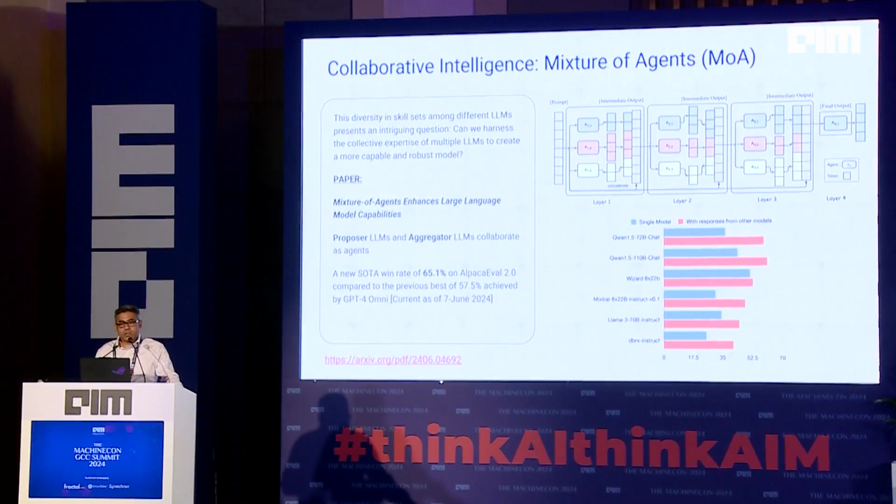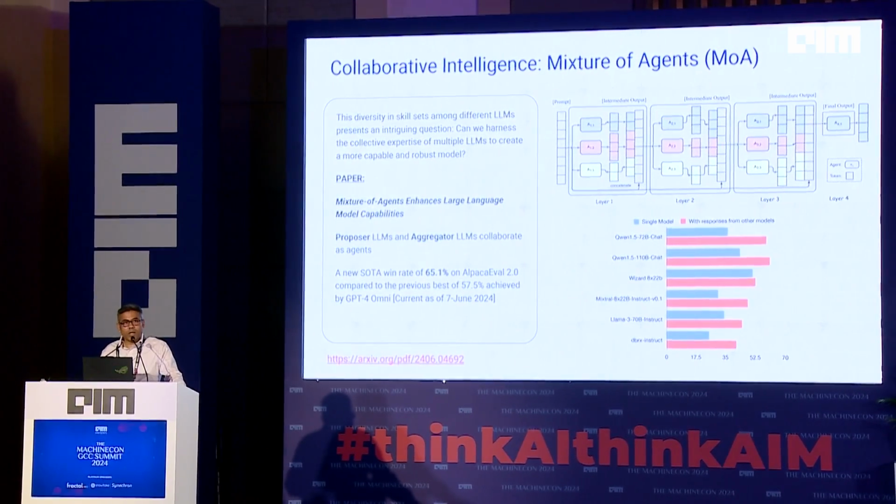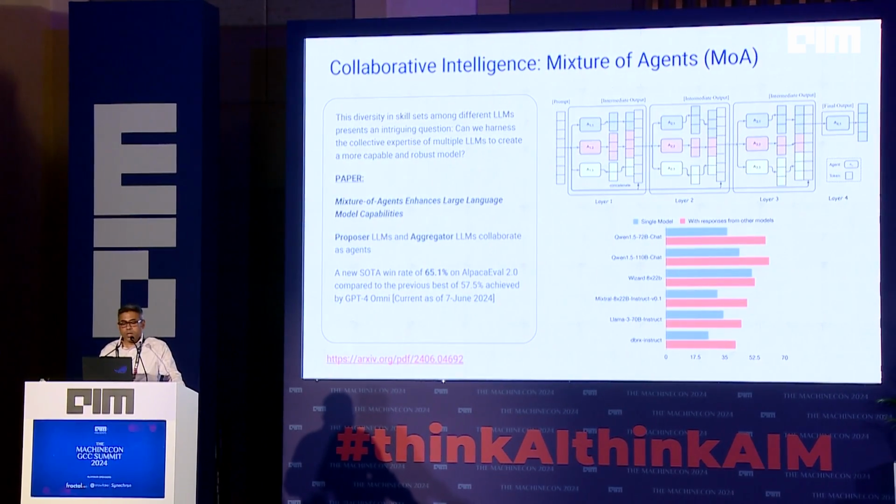And these models in the constellation were models like Qwen, Wizard, Mixtral, Llama 2, Llama 3, DBRX. And then several benchmark data sets were used, and the comparison is done with GPT-4o and some of the other models.